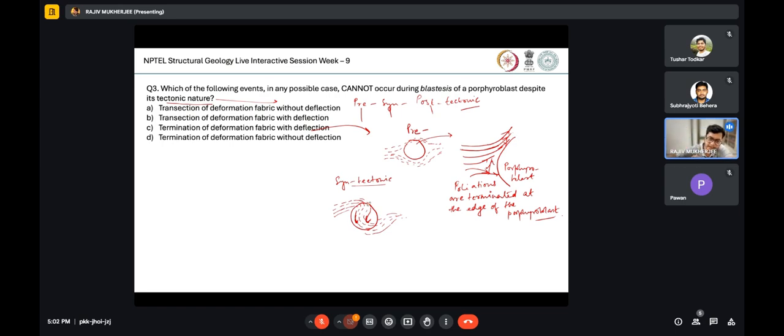So this is basically transecting. The orientation outside the blast and inside the blast may be different because of the stiffness, rigidity, or competency contrast of the blast with respect to the matrix or the host rock. So this is transection of deformation fabric, right?